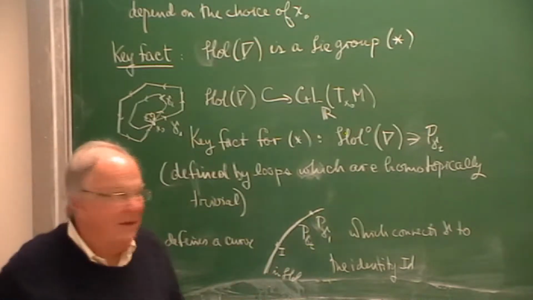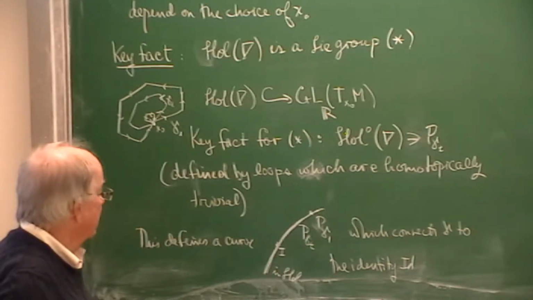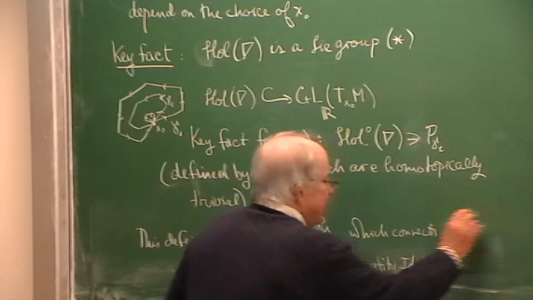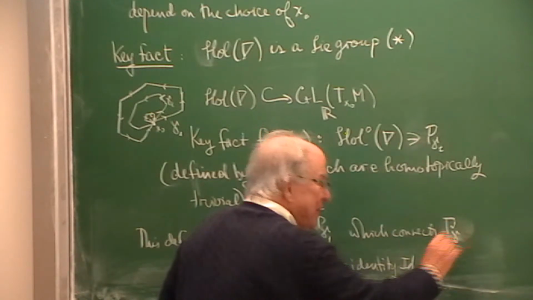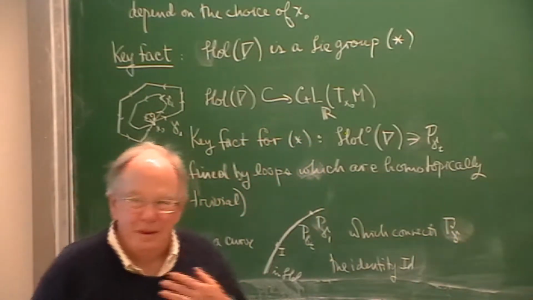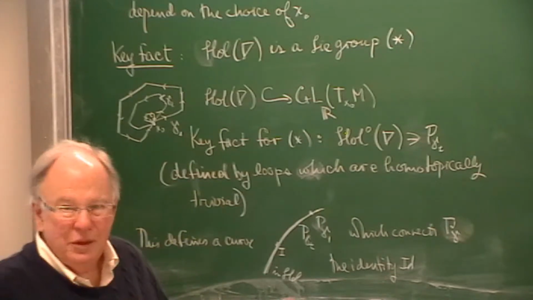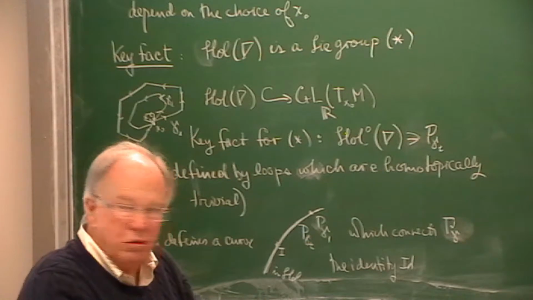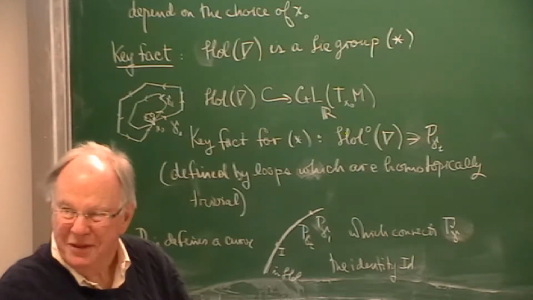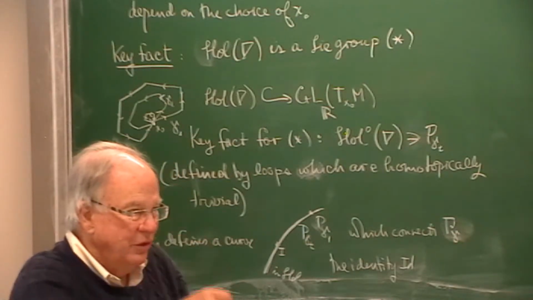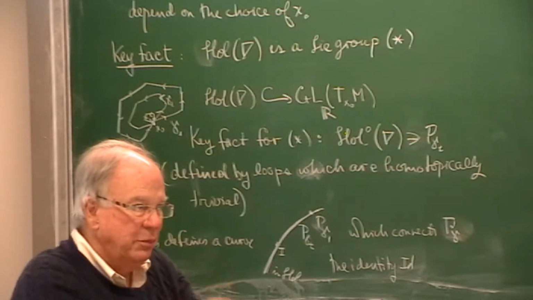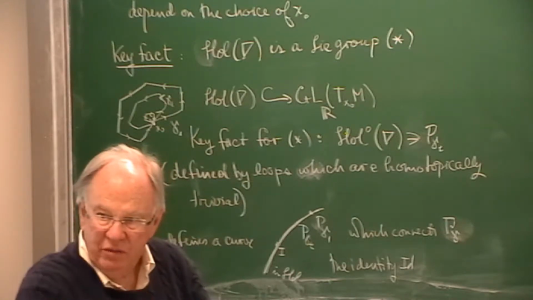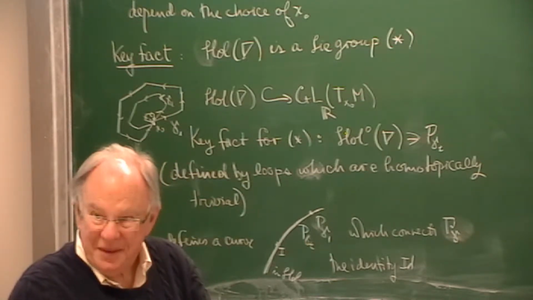So I'm saying this should probably be a P of gamma, not a gamma, to identity. As usual, some stupid thing by me confused you. I'm sorry. No, but that's good. It's clear. P of gamma. As I move gamma to the trivial curve, let's differentiate between identity and trivial curve, I move parallel transport around gamma to the trivial element of GLn. So you can connect every element by a curve.